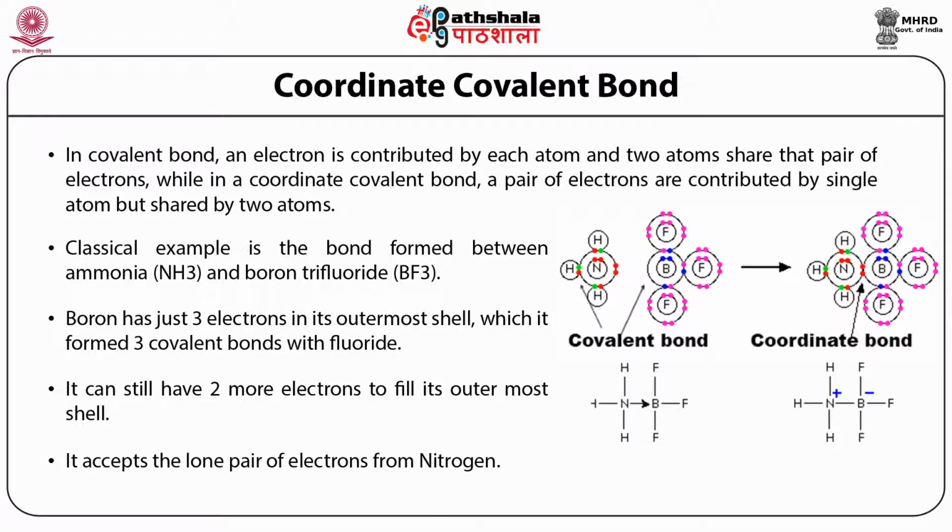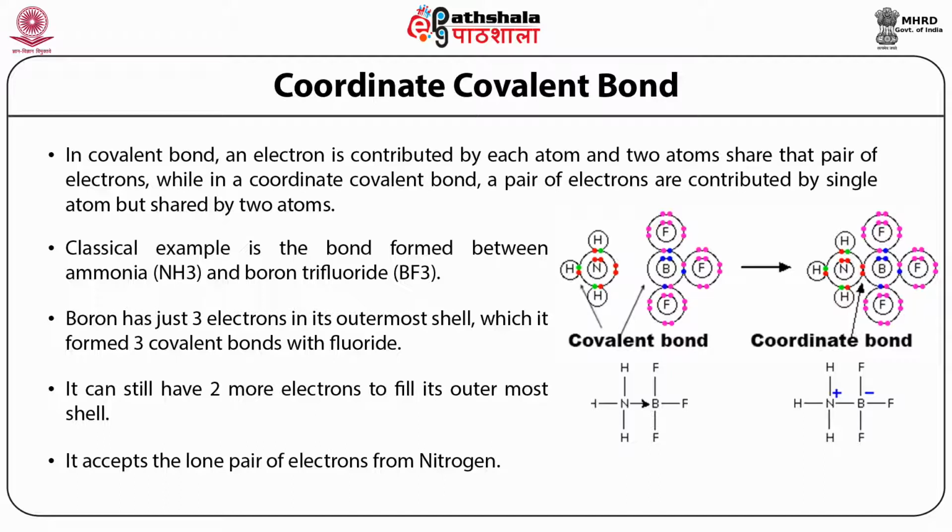Ammonia has a lone pair of electrons, and boron trifluoride lacks two electrons in the outermost orbit. So ammonia can give these two electrons, and both ammonia and boron trifluoride can share those two electrons, and this is the coordinate covalent bond.